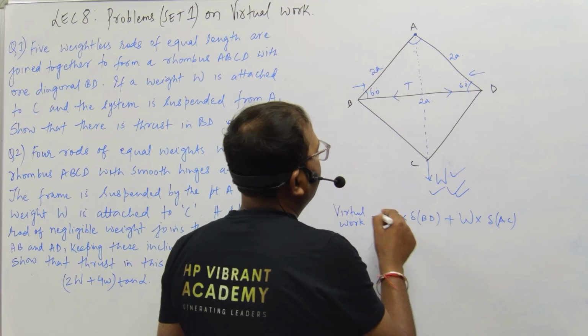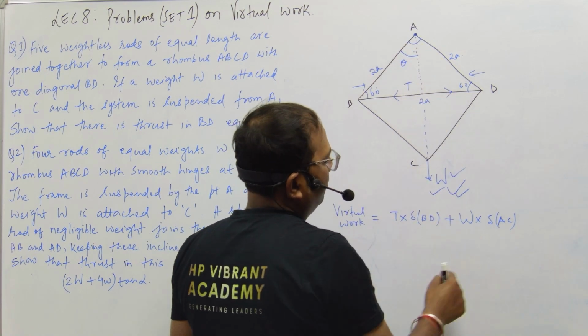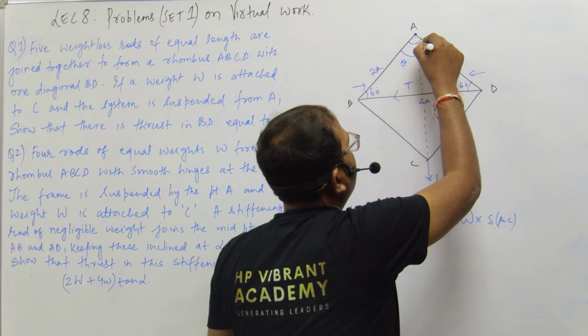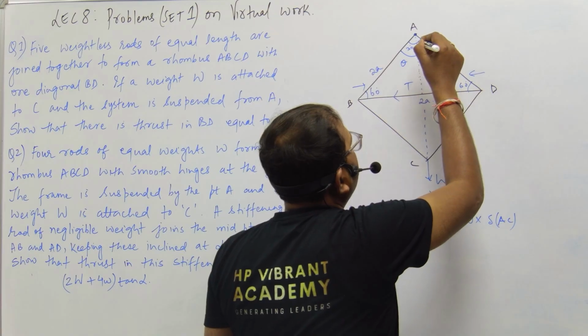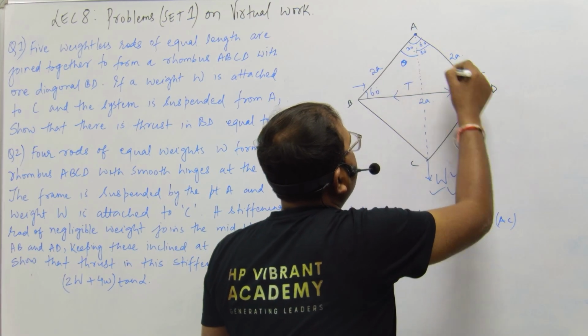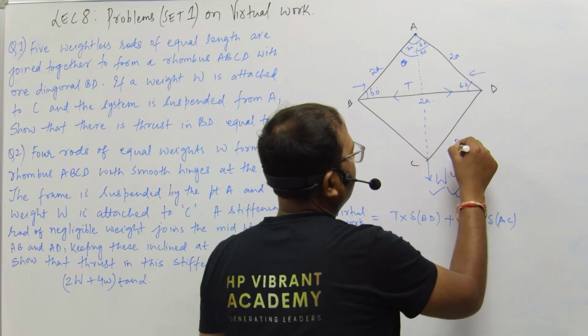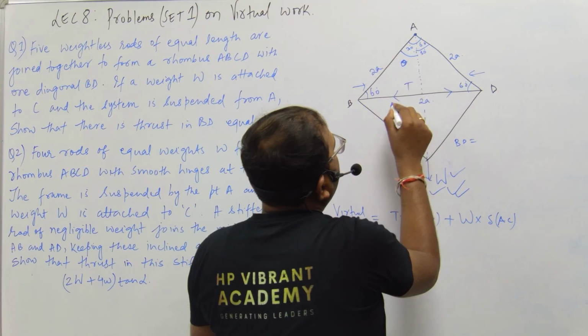Let us take this angle as theta for the time being. After calculation we will put theta equal to 30 degrees. This whole angle is 60, so half of the angle is 30 and the other half is 30. So BD is equal to, since this is 2a, this will be 2a sin theta.